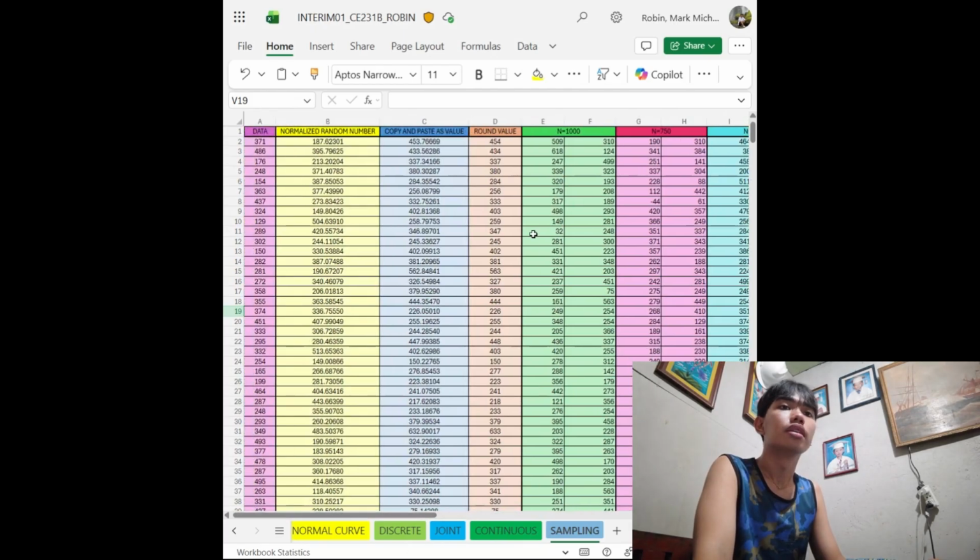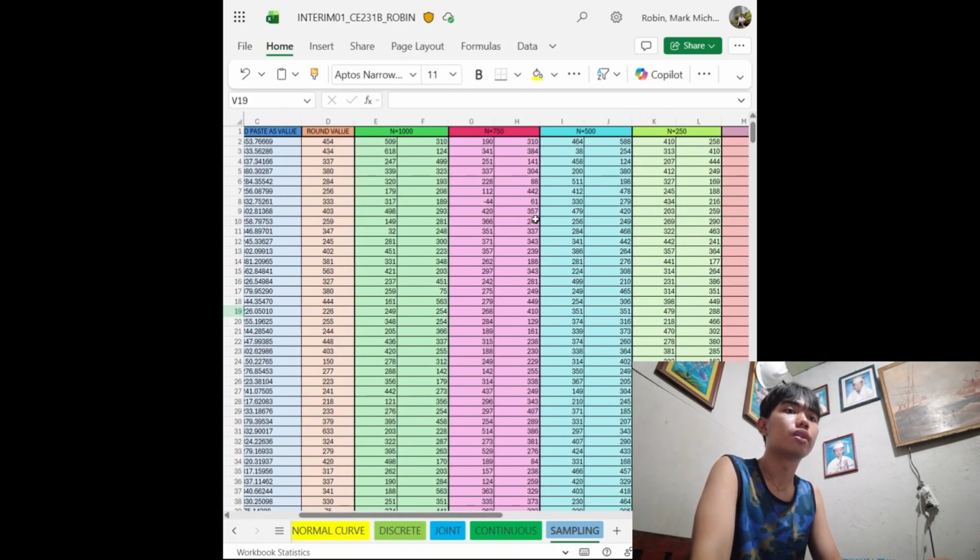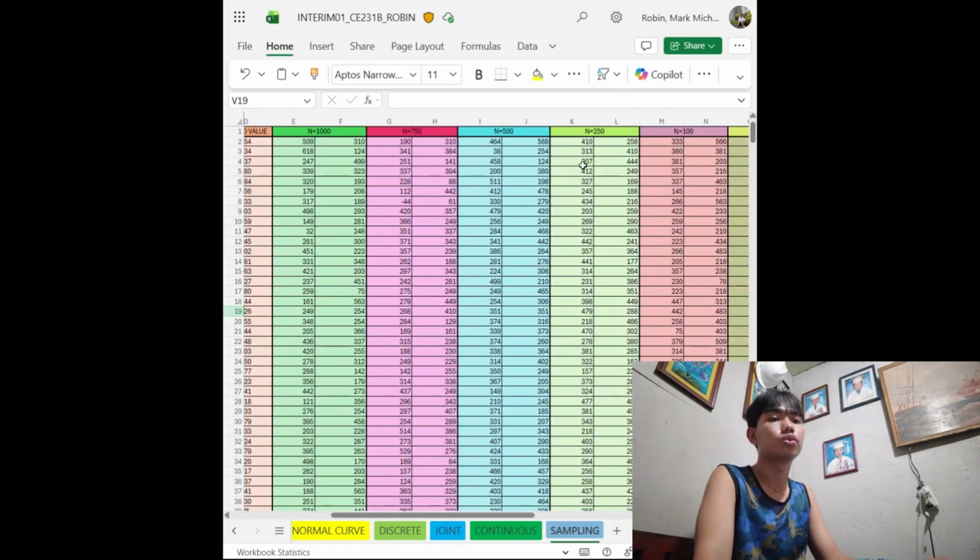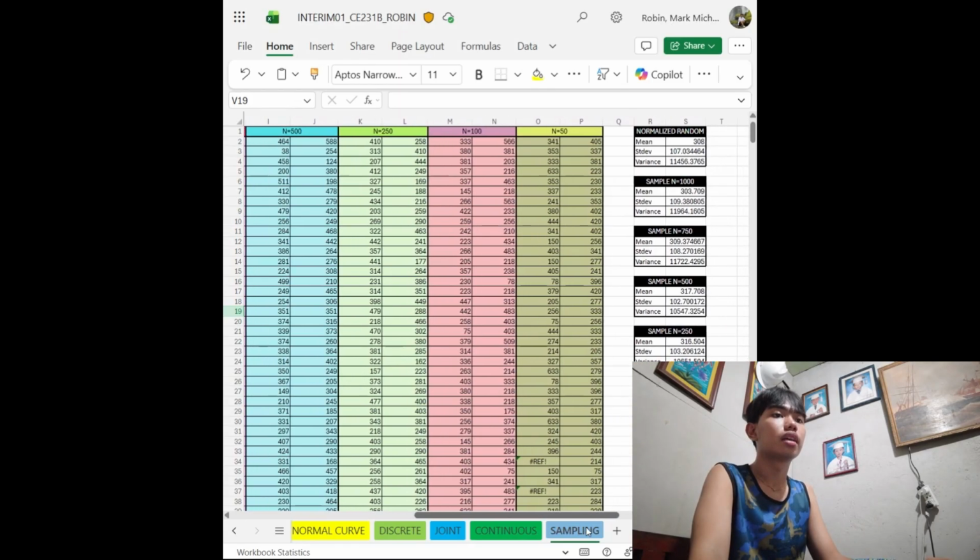First I get the normalized random number, and then I copy and paste as values, and then rounded it up. After that, I did n equal to 1,000, n equal to 750, n equal to 500, n equal to 250, n equal to 100, and n equal to 50.